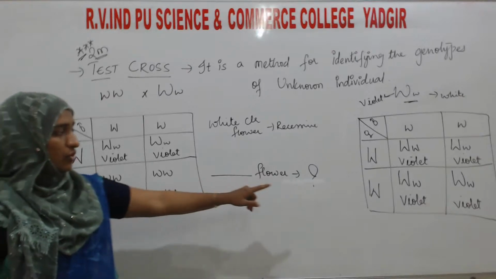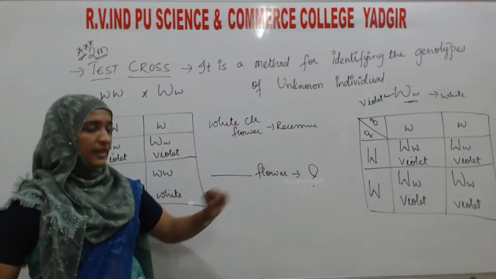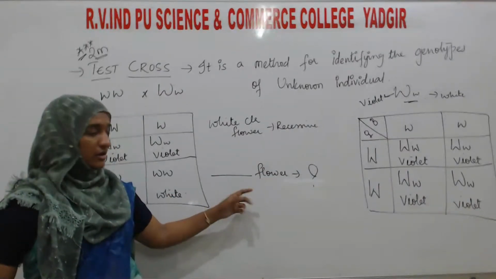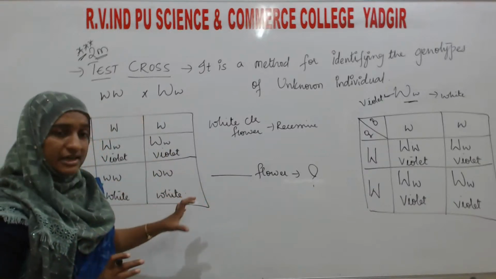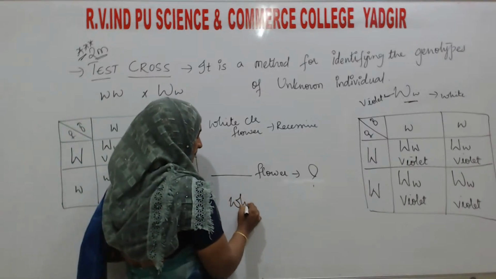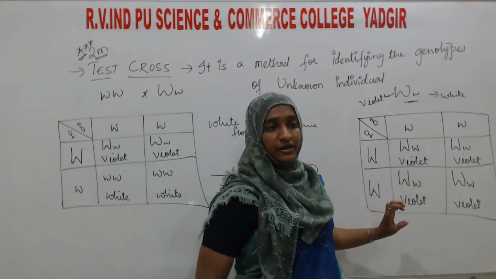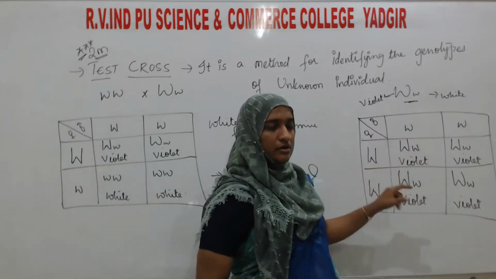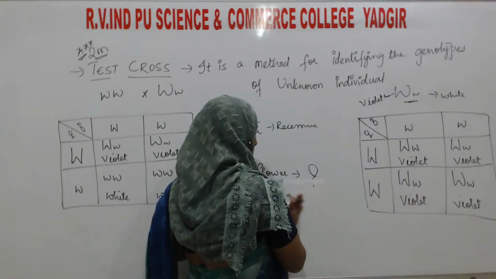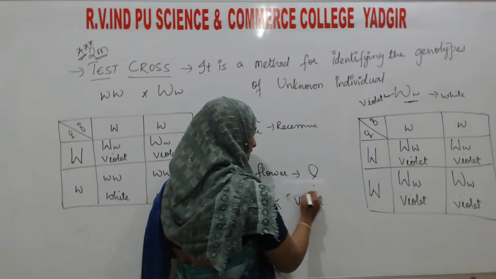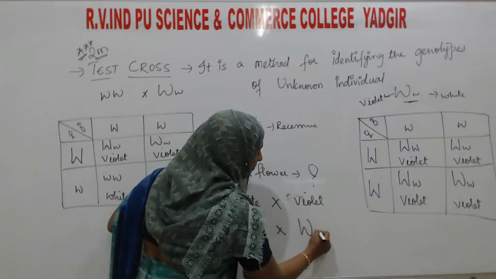In that first cross, the test cross, we came to know that the flower is violet in color. Again, they took the white color flower and crossed it with one of the offspring, the violet color flower. What are the genes here? Small w crossed with capital W, small w.